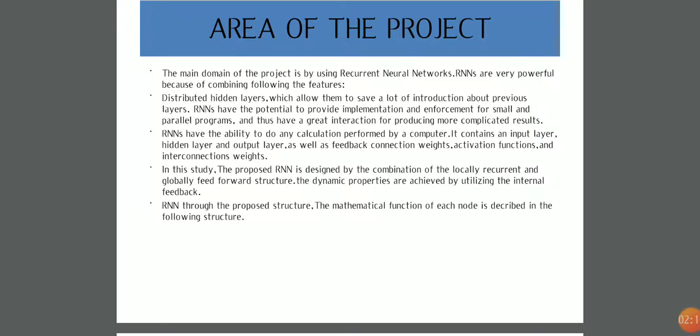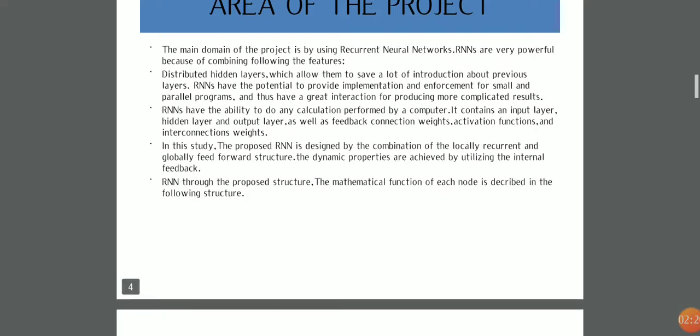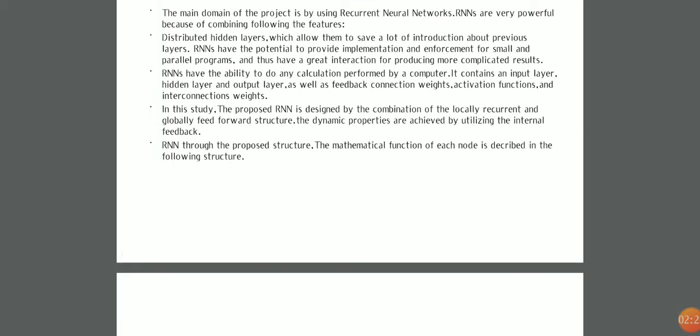It contains an input layer, hidden layer and output layer, as well as feedback, connection weights, activation functions and interaction weights. In this study, the proposed RNN is designed by the combination of a locally recurrent and globally feed forward structure. The dynamic properties are achieved by utilizing internal feedback.